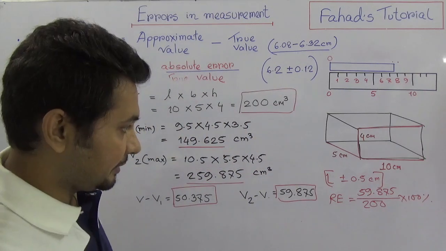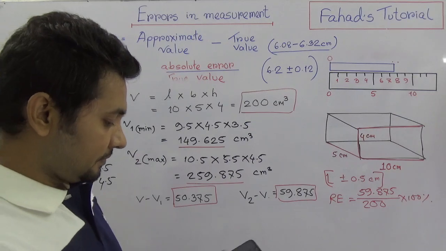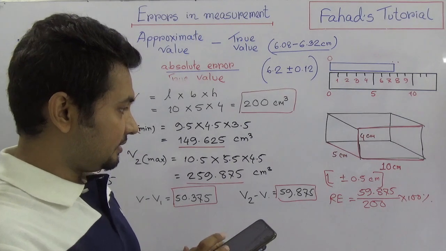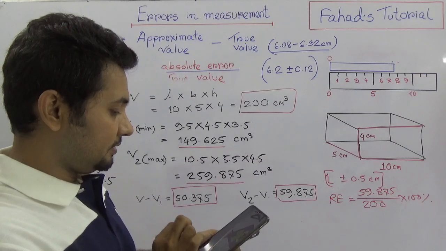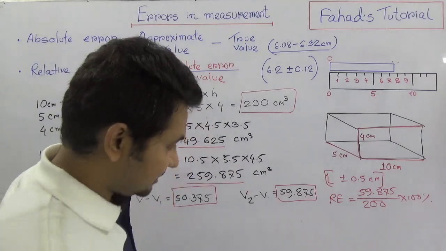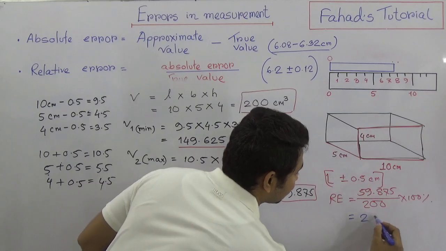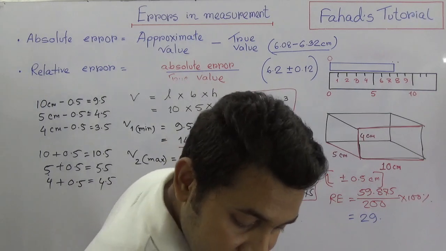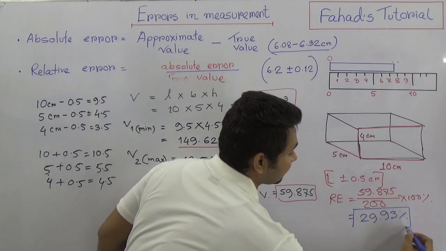So it should be 5987.5 divided by 200, that is 29.94%. So 29.94% is the relative error.